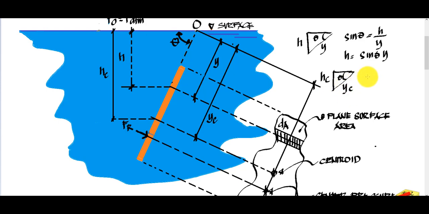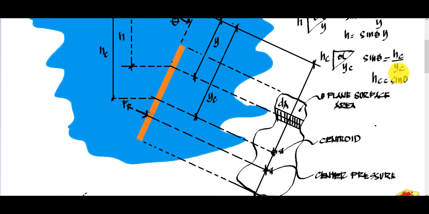So what we're going to do is just take a sine of theta, and we have your opposite, which is hc, and you have your hypotenuse yc. To get the value of hc, that will be sine of theta times now your yc.